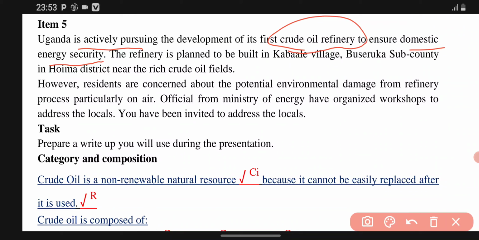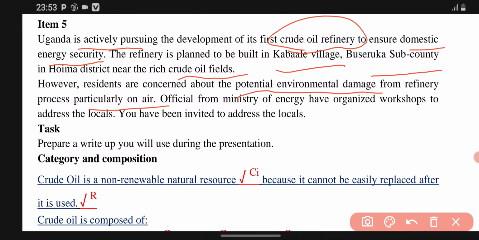The refinery is planned to be built in Kabale village, Buseruka sub-county in Hoima district, near the rich crude oil fields. However, residents are concerned about the potential environmental damage from the refinery process, particularly on air.